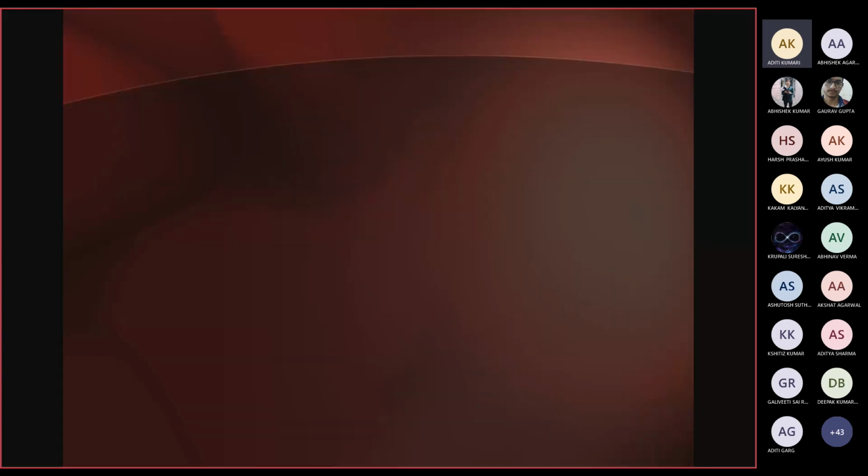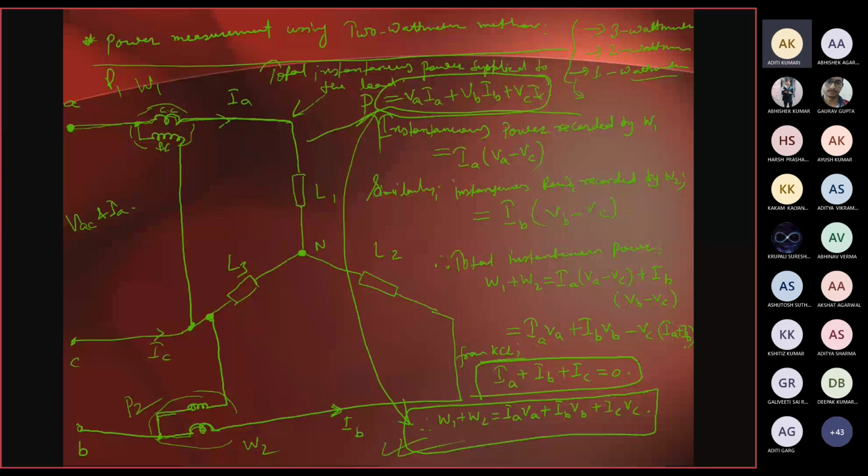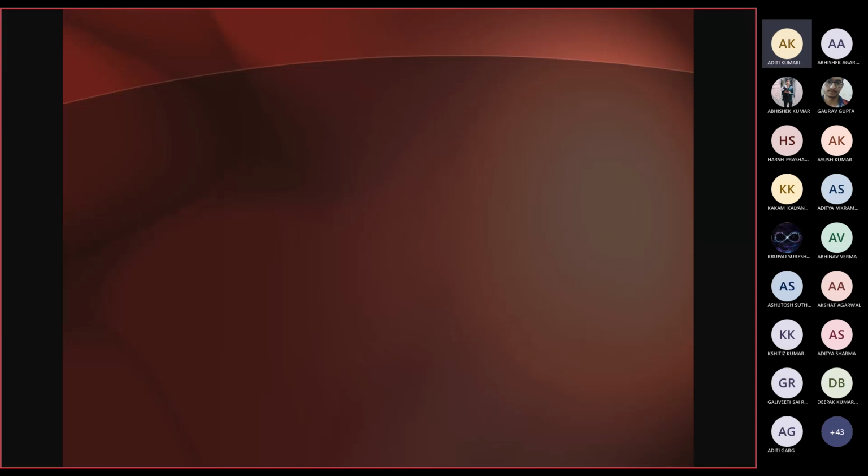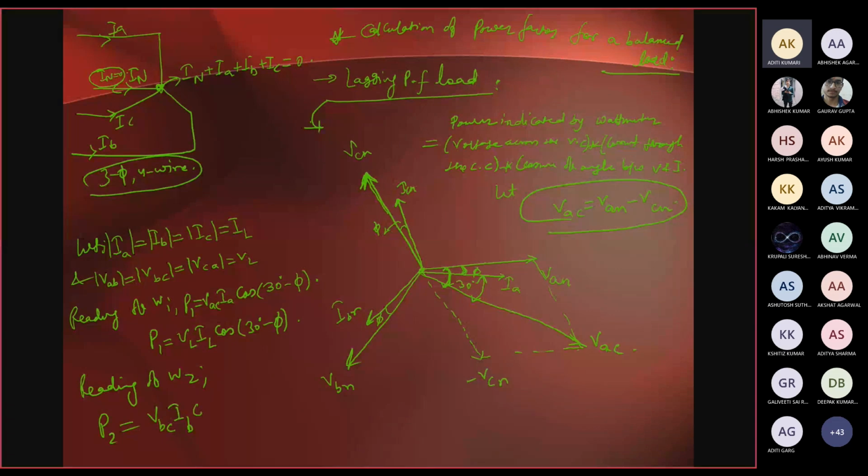So it will be equal to P2, देखो इस सर्किट में क्या होगा, VBC into IB and cosine of angle between VBC and IB. तो VBC और IB के बीच में पहले निकालना पड़ेगा कि क्या होगा एंगल, राइट? सो IB you have here, ये IB है, ये IC है सिंपली. तो बताओ क्या होगा, यहाँ है तुम्हारा minus VC, so the resultant of these two will give you VBC, and again this angle is 30 degree between VBN and VBC, and the angle between VBC and IB will become 30 degree plus phi, means this complete angle 30 degree plus phi, right?